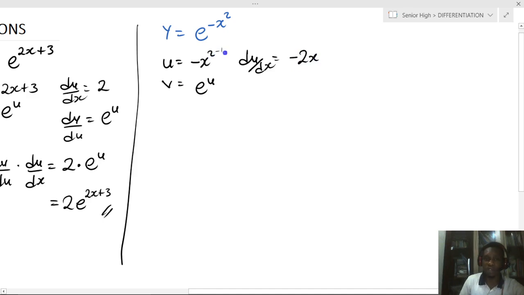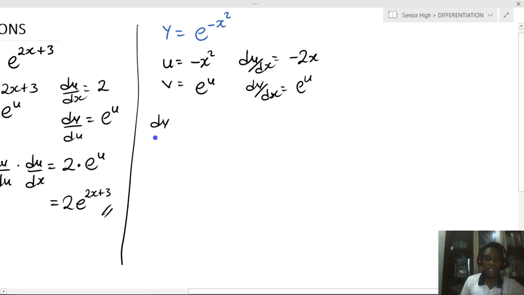You take the minus, bring the power 2 over to the front, so it will be minus 2, and 2 minus 1 gives us 1, so that's why we have minus 2x. That's just to remind us on how to differentiate. Now what happens here? For our dv dx, that'll still be exponential u.